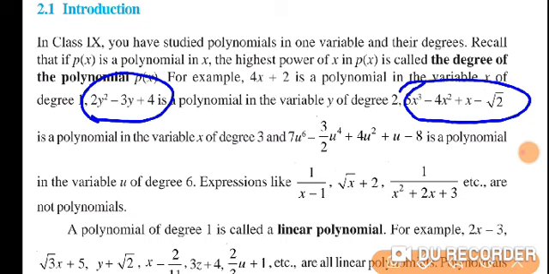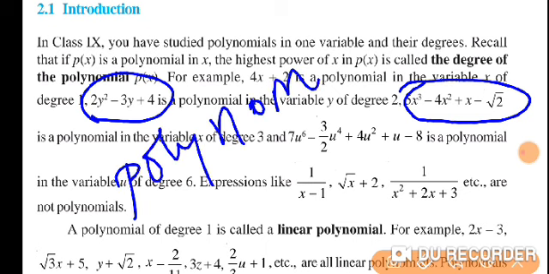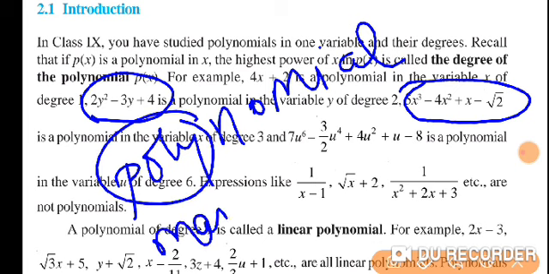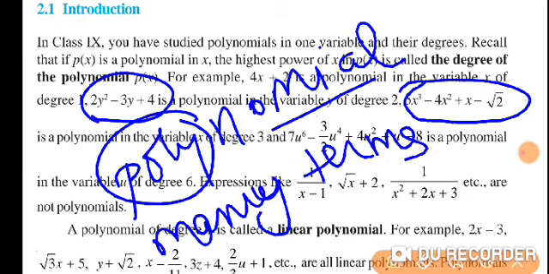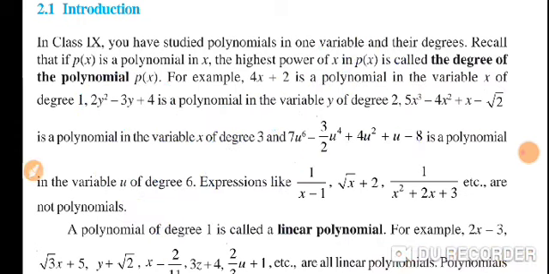But usually we don't call the terms after 3 as tetra, penta, hexa, hepta. We directly call them polynomial, where poly stands for many and nomial stands for terms. So when there are many terms in the sum, it is called polynomial.